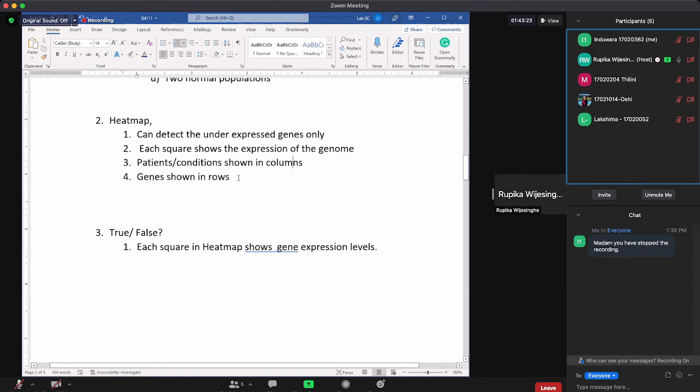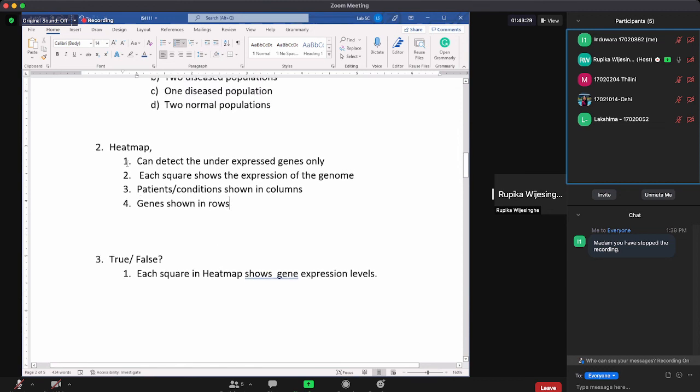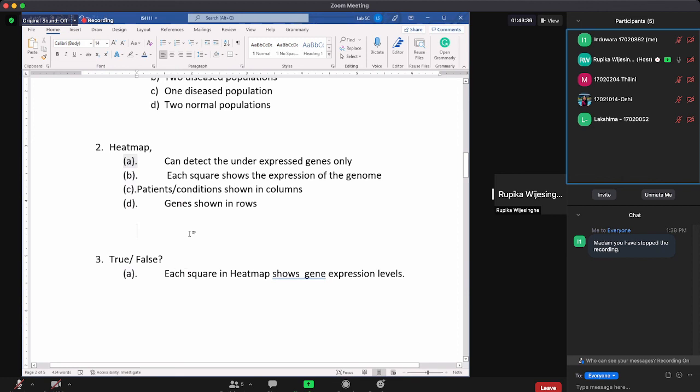Genes shown in rows. So, answer for question 2, quickly.